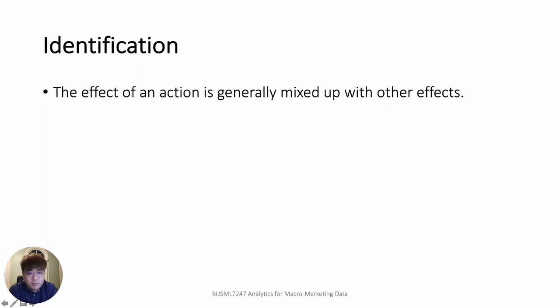But sometimes it is not easy to measure an effect, even though we have enough variation in data. Because there are multiple factors given or decided, and thus the effect of an action is generally mixed up with the effects of the others. Here is an example. Let's think about beer demand.